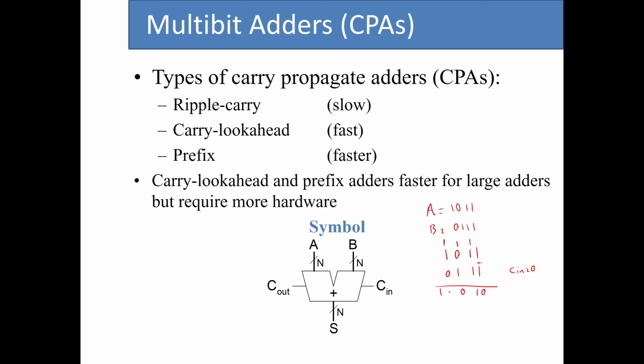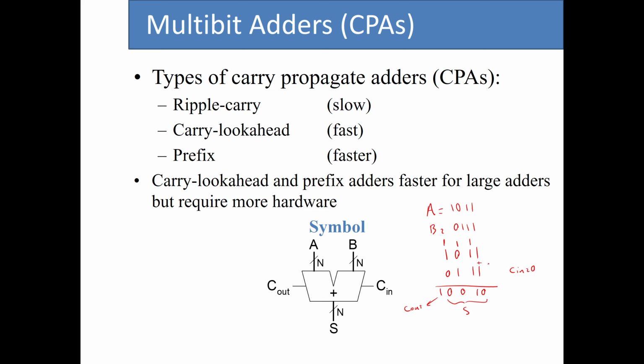So we have 1 and 0. So these 4 bits are the summation result. This is the carry out that we produce, and this is basically the carry out that specifies whether we have overflow or not. And for this example, the carry in was basically 0.